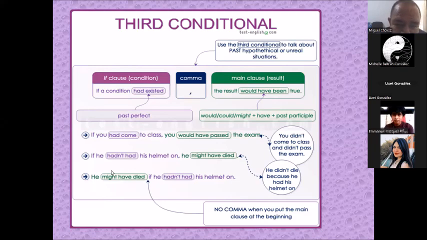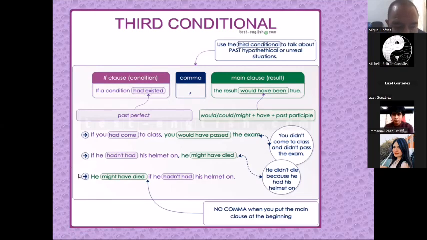But we can express this kind of condition saying the main clause first. He might have died if he hadn't had his helmet on. Then the if clause. But if we use this second structure, we don't need to use a comma. The comma is omitted.